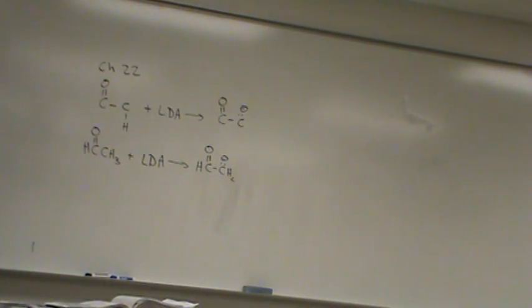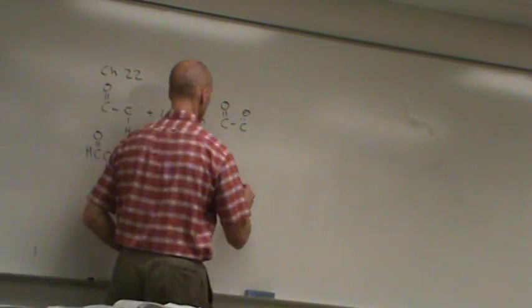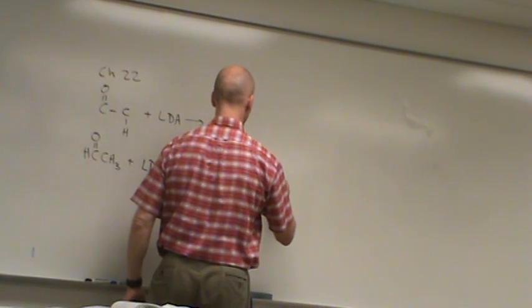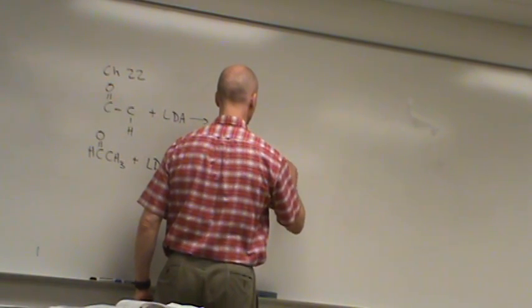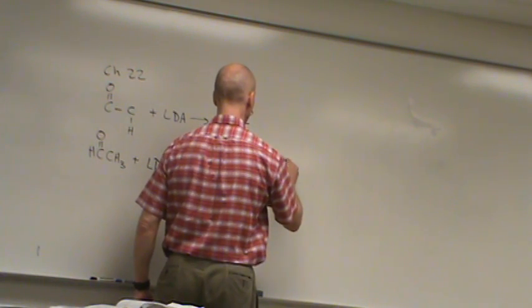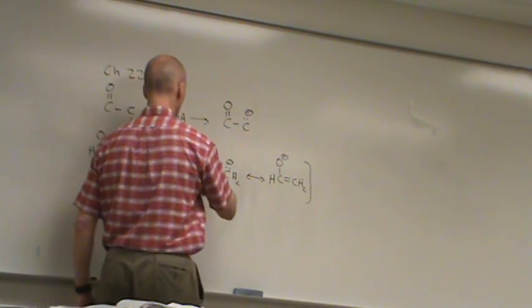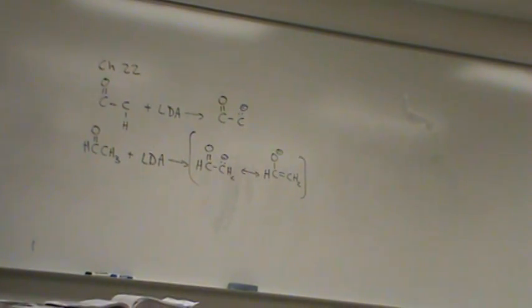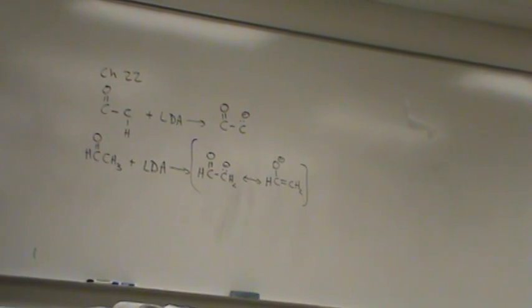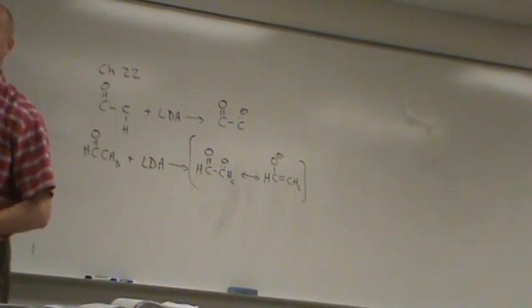There, LDA would take one of those alpha hydrogens. And then remember that was resonance stabilized, to give us the full enolate ion, which remember was a combination of both resonance structures.